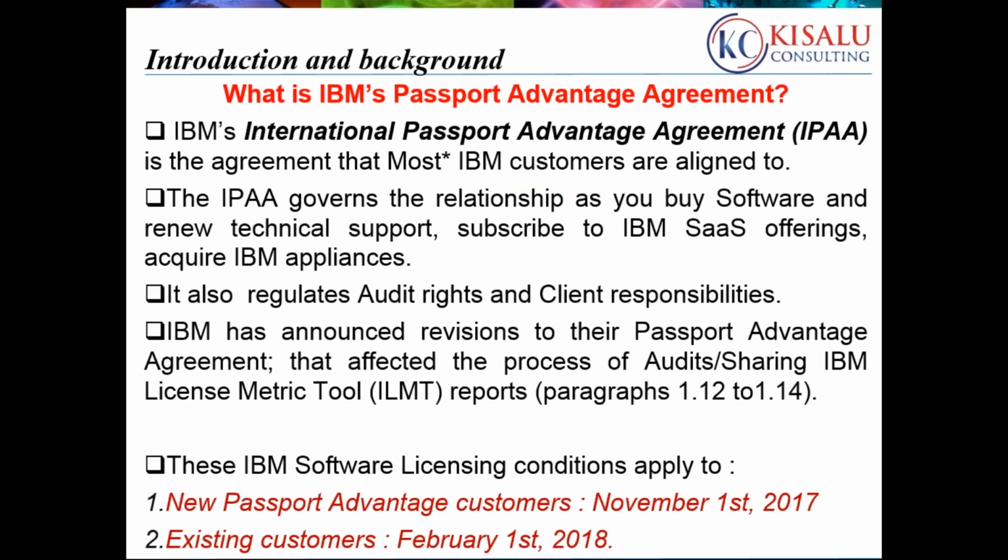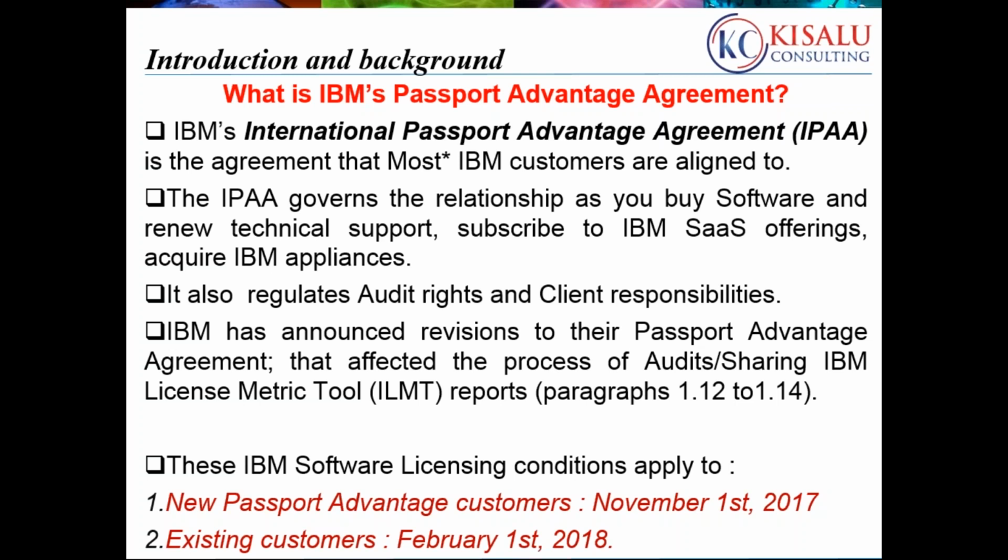As a part of the introduction, we just want to elaborate a little bit on what the International Passport Advantage Agreement is. It is the agreement that most IBM customers will sign. Most, with a star, because it caters primarily for the distributed architecture environment, but there are also different licensing agreements which exist.